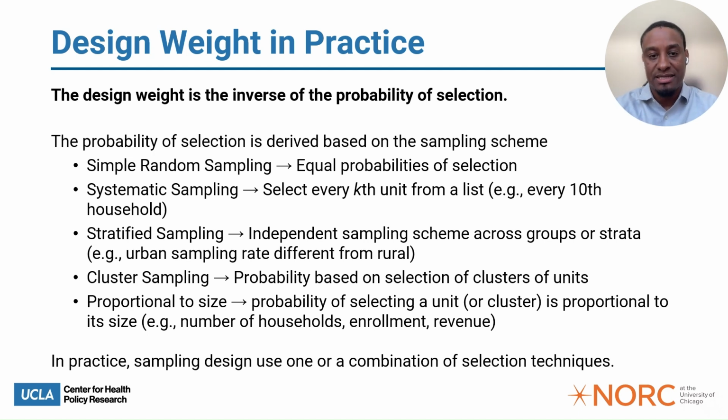Often the units with larger measures of size have a higher probability of being included in the sample. In practice, in large surveys or in complex designs, we do not just use one of these techniques, but we use a combination of these techniques to come up with a sample.